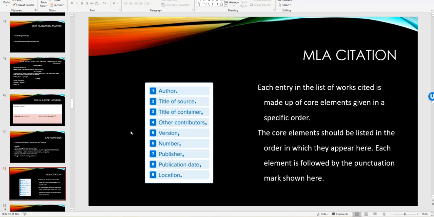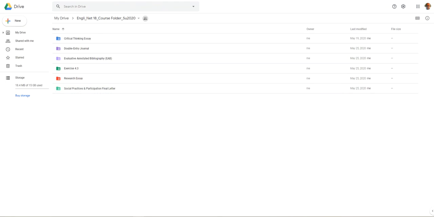Here in this particular slide, I have the makeup of MLA citation. You can also find that in some of these resources in the using and citing sources resources in Blackboard. Now, let me get to the double entry journal.